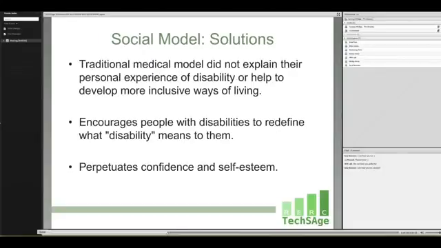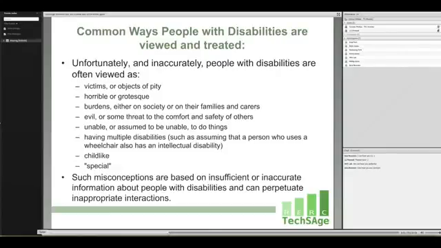So, solutions. Again, the traditional medical model did not explain the personal experience of people with disabilities or help to develop more inclusive ways of living. The social model encourages people with disabilities to redefine what disability means to them, and it builds confidence and self-esteem. When I was looking online at the social model, there was a great video that popped up, and if we had more time, we'd love to show it to y'all. I'll be happy to share the link. When this idea really came about, a lot of folks with disabilities in the video were talking about how they felt like they had a new lease on life.